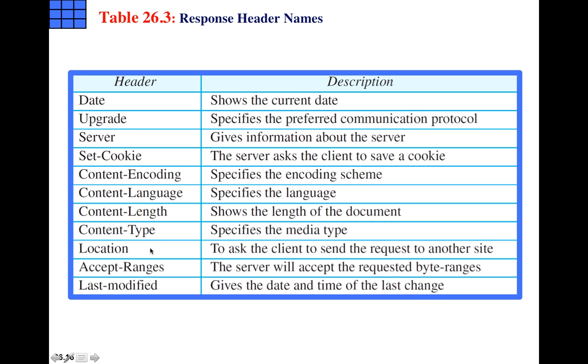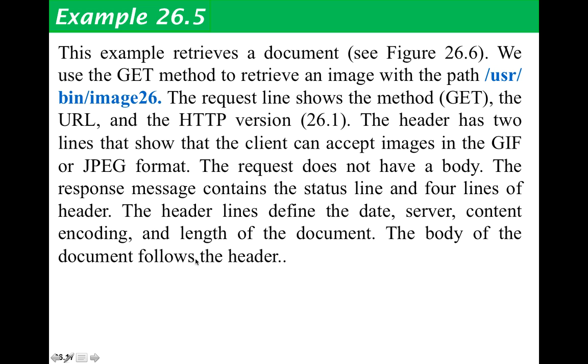Now, if that information is no longer on that website, but the server knows where it is, this location will be used to direct the client request to that different website. And then we have accept ranges, and we have the last modified. We will look at this in the other slide.